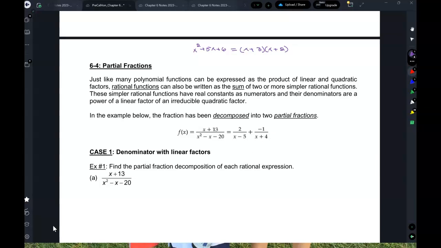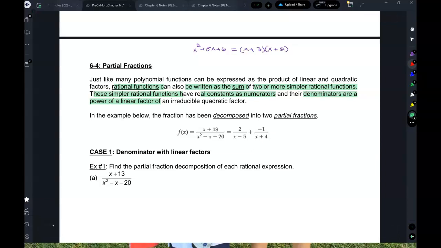So rational functions can be written as the sum of two or more simpler rational functions. These simpler rational functions have constants as the numerators most of the time, and their denominators are a power of a linear factor.